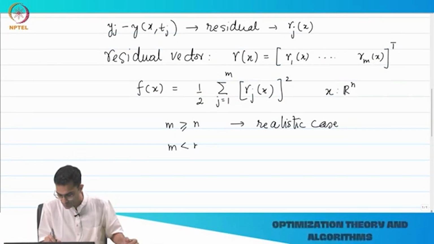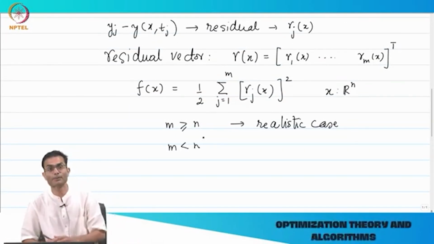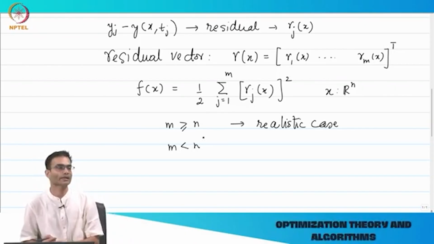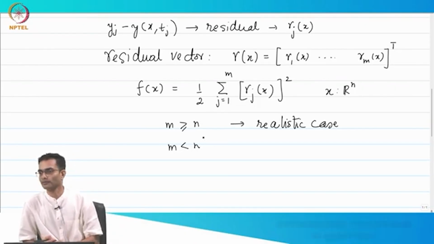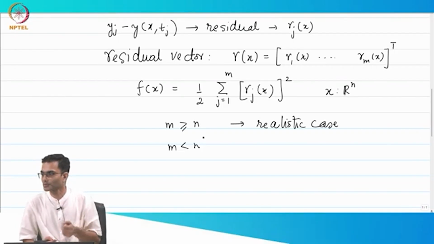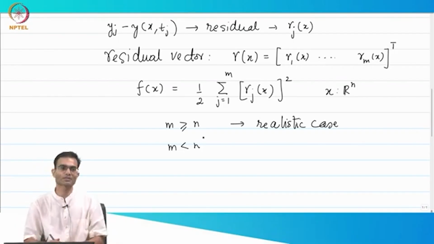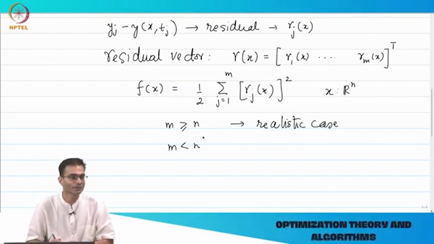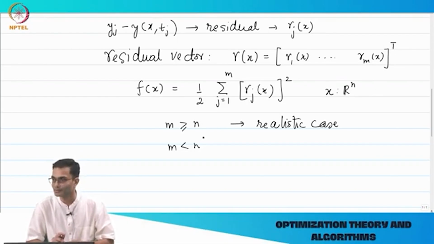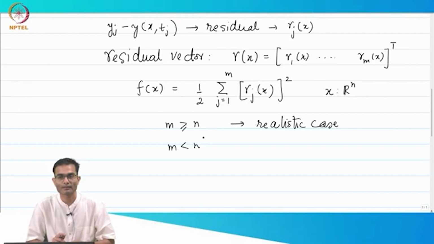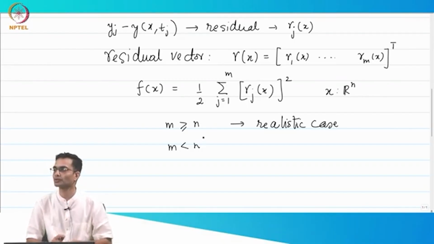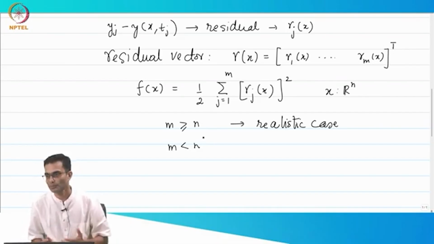What about the other case? There may be some situations where data may be extremely expensive. For example, with the Geiger counter, radioactive measurements, you cannot send a person to make too many measurements, so you have fewer measurements, right? So there are situations when this also happens. This is more challenging, and the uniqueness of the solution, all of these properties are questionable.